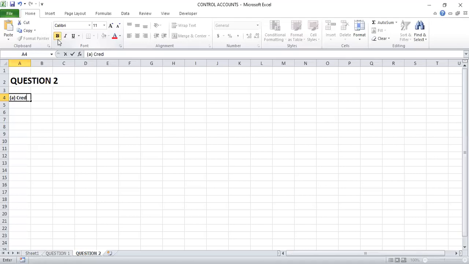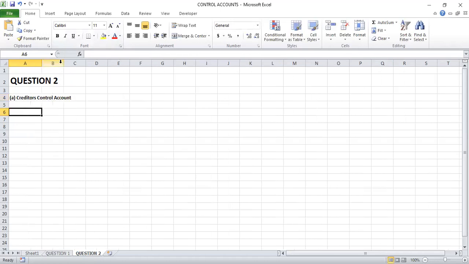Remember that the creditors control account records transactions with our suppliers who supply to us on credit.